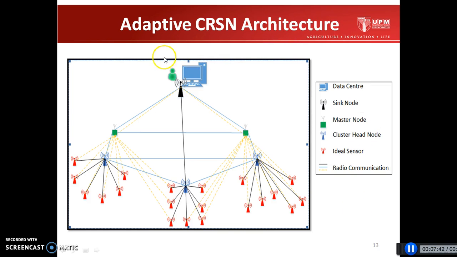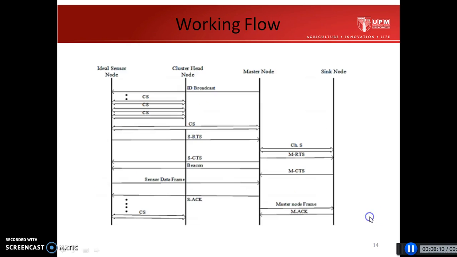Okay. As you can see here, the adaptive CRSN architecture. This is the architecture I will be using for my project. As you can see, this is the data center, and it is connected to a SIG node, and the SIG node is connected to the master nodes and cluster heads, and the master head is also connected to the cluster head nodes, and the cluster head nodes are connected to the idle sensors.